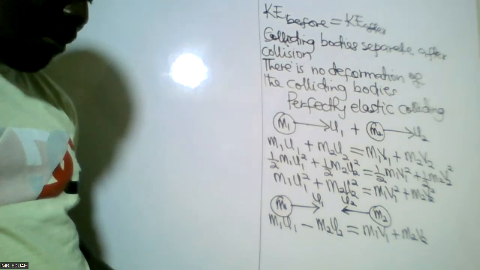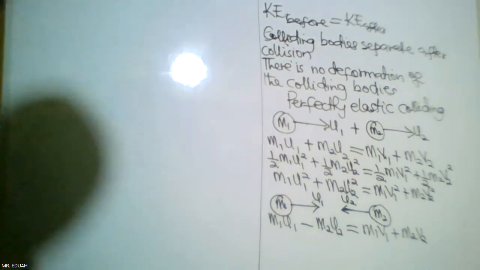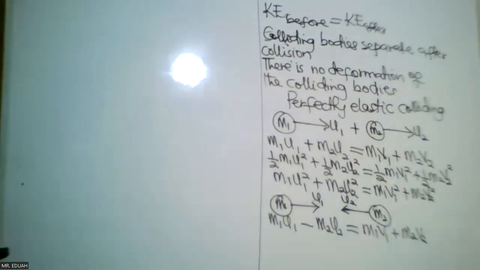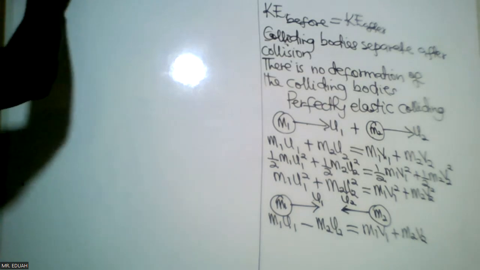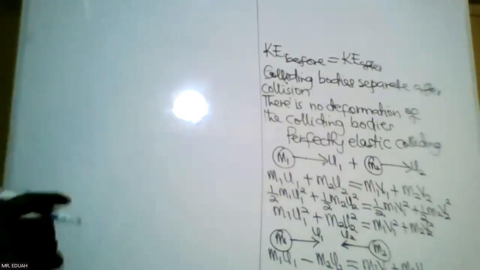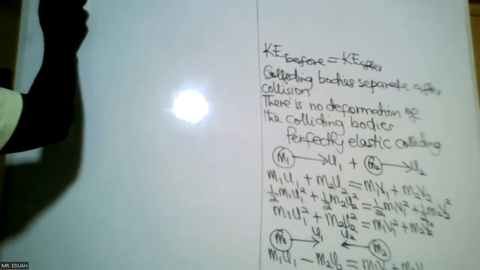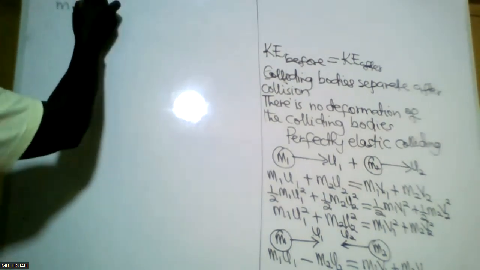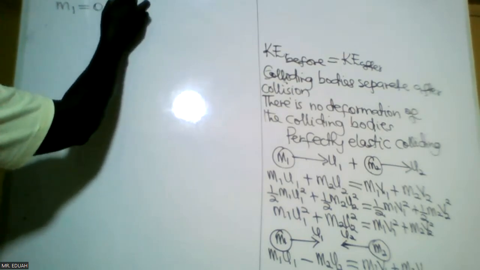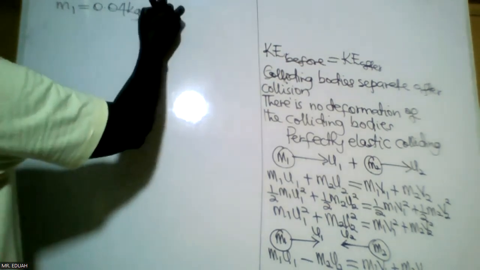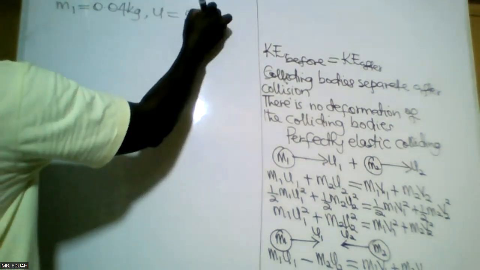A tennis ball of mass M1 equals 0.04 kilogram, moving with a speed of 5 meters per second. So its initial speed is 5 meters per second.